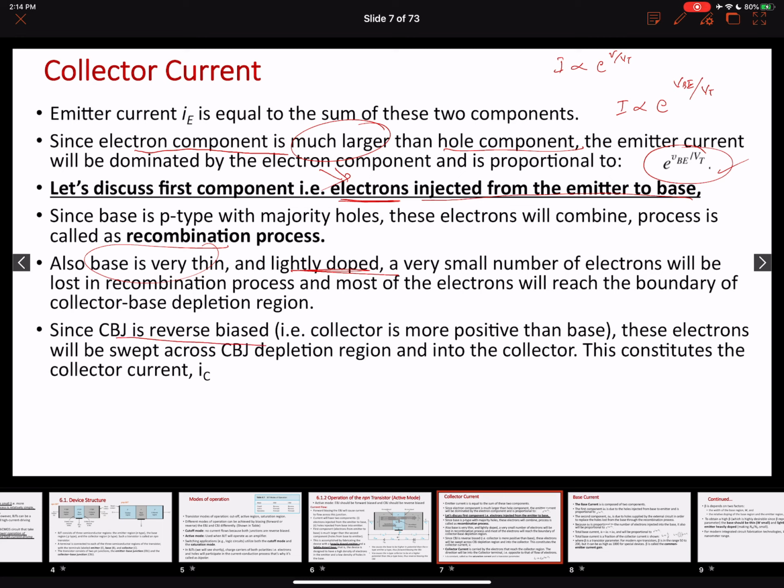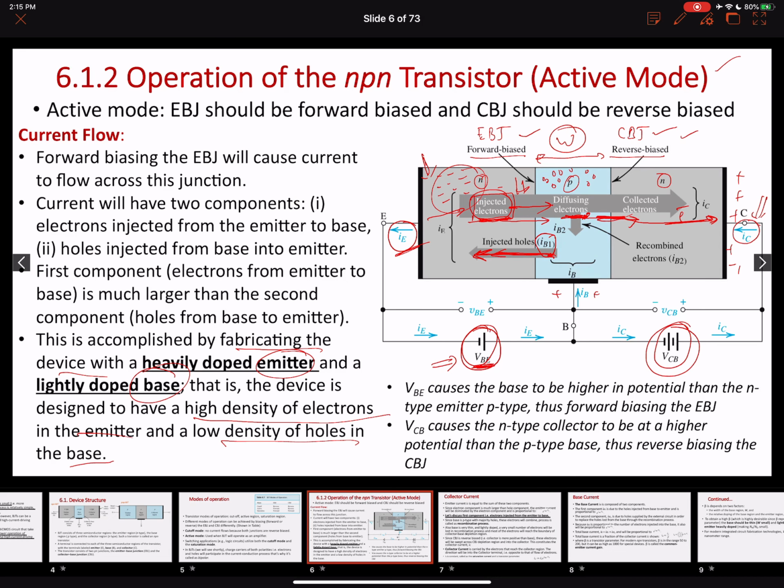These electrons will be swept across the collector-base depletion region into the collector terminal, and this will constitute the collector current. The point to be noted is that the collector current is the same as the majority charge carriers that were injected from the emitter region. So this is what constitutes the collector current.